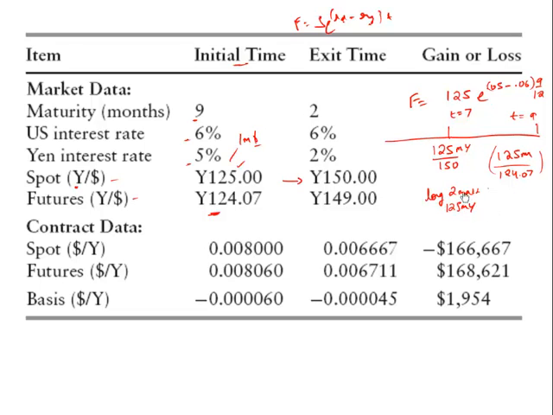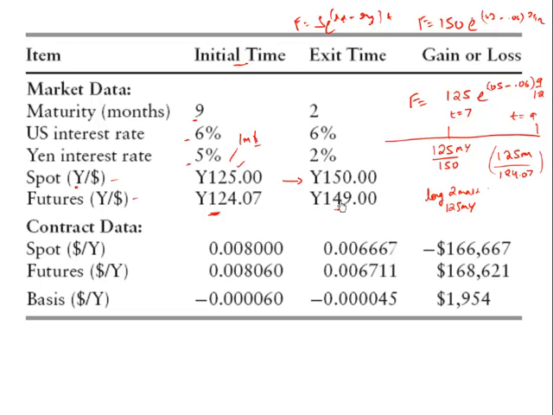However, this longing will happen at today's forward rate, not at the forward rate at any earlier time. And today's forward rate can again be calculated by the same formula. So today's forward rate would be 150 into e raised to the power 2%, that is 0.02, minus 0.06 into 2 by 12. It also comes out to be near about 150.